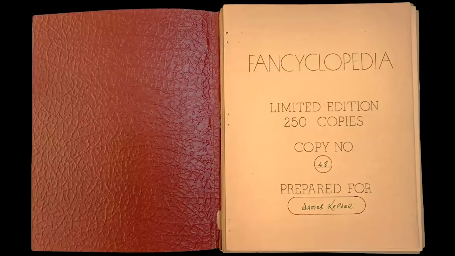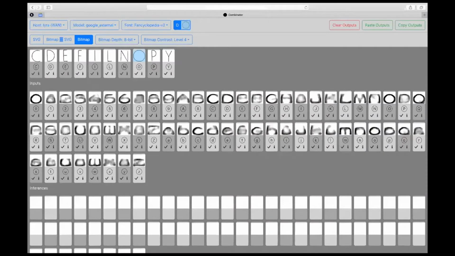So essentially, we would feed Combinator the letterform specimen, and then Combinator would infer a full typeface from a single letter, like so.